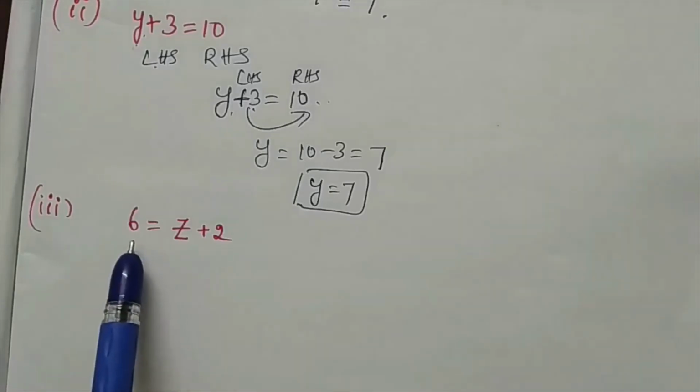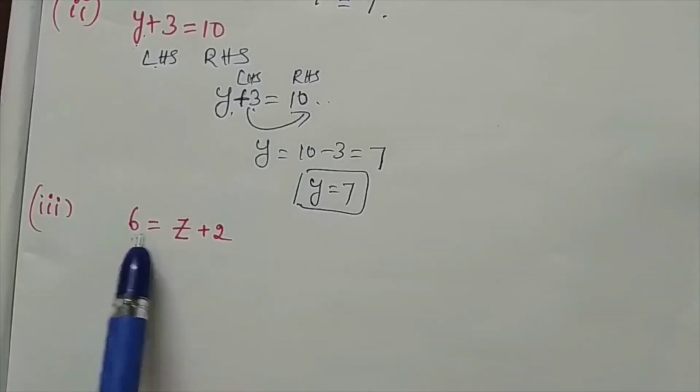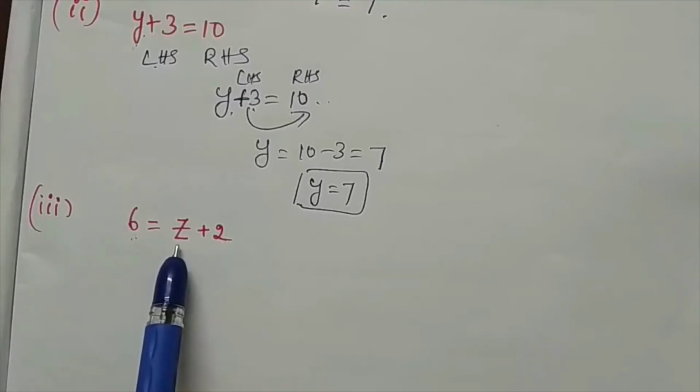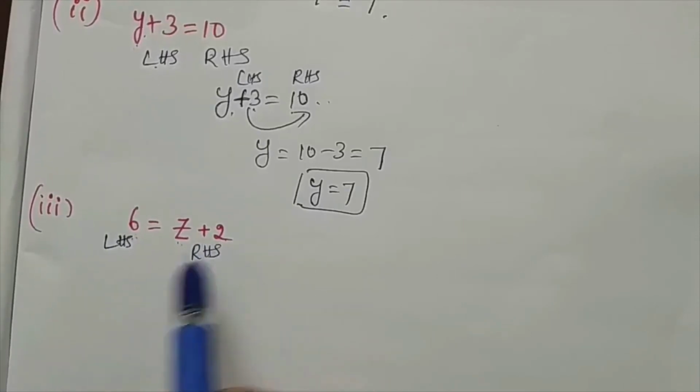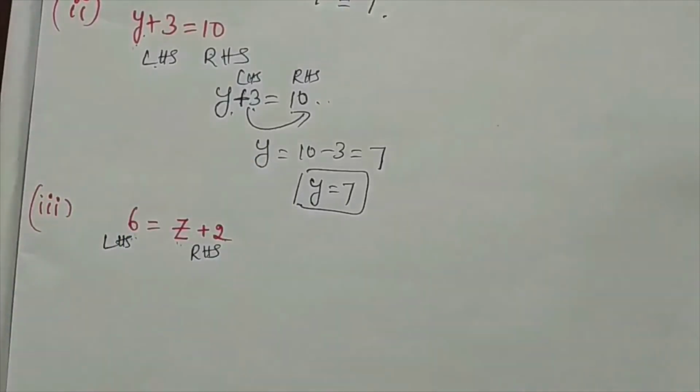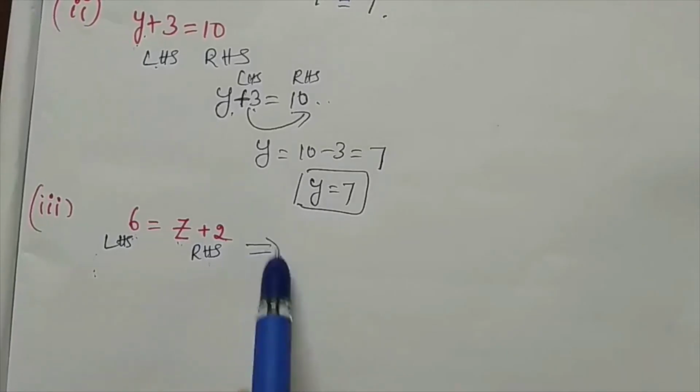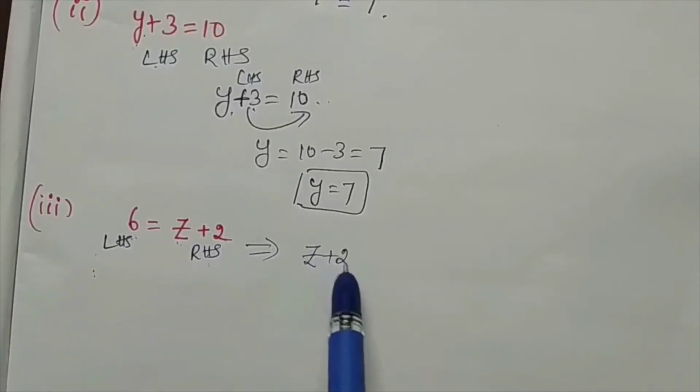Our third equation is 6 is equal to z plus 2. In this equation the variable is z and we have 6 in LHS and z plus 2 in RHS. It doesn't matter if the variable is in RHS or LHS. The only thing is we have to find the value of the variable such that the value of RHS is equal to the value of LHS, and the same question can be written as z plus 2 is equal to 6.